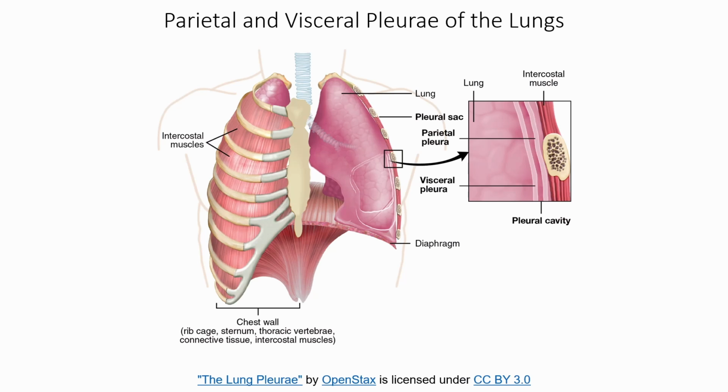Remember, parietal is going to be closer to the body wall, visceral is going to be closer to the organ, with the pleural cavity in between. We have the ribs providing protection, as well as the intercostal muscles in between those ribs as well. And then right below the lungs, we'll have the diaphragm as well. We'll talk about the diaphragm and the intercostal muscles in just a second when we get into breathing.